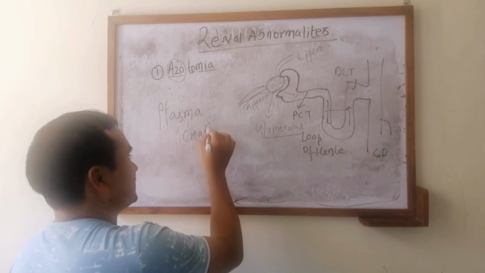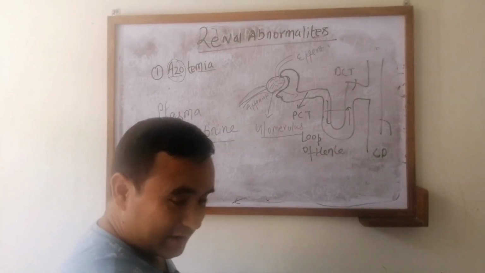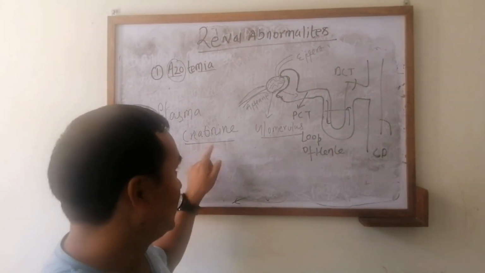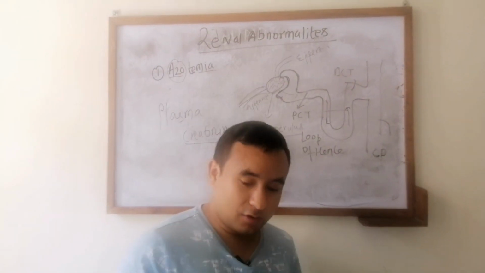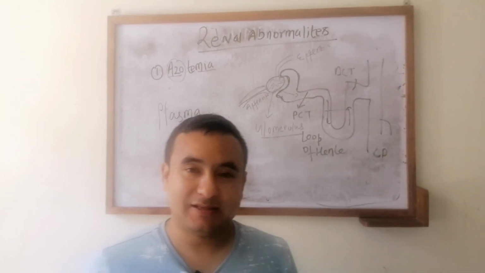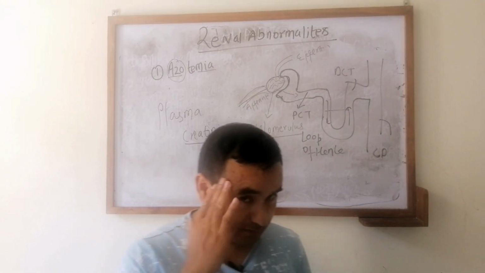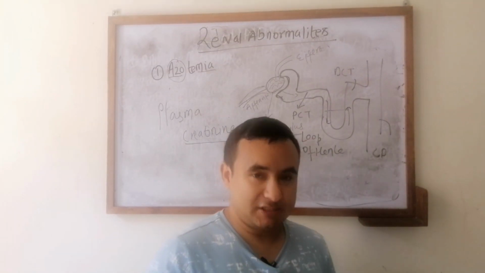Creatinine is the byproduct of creatine, which is usually formed from muscle protein. So when you analyze the level of plasma creatinine, then we can estimate the GFR. Why creatinine?